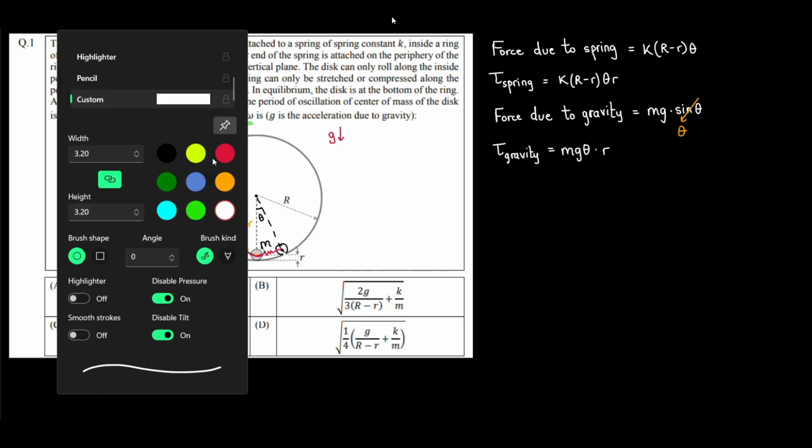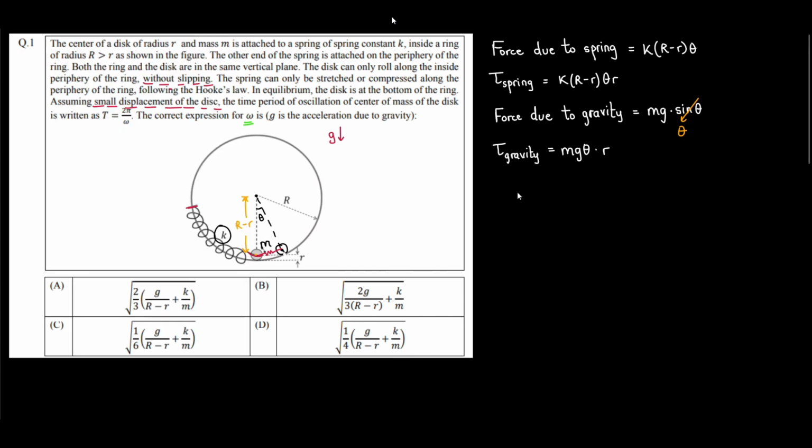Now, through formulas of rotation, we know that the total torque acting on the disk will be equal to the moment of inertia of the disk about its instantaneous point of rotation into the angular acceleration of the disk about its instantaneous point of rotation. So this is an important formula. Let me label it quickly.